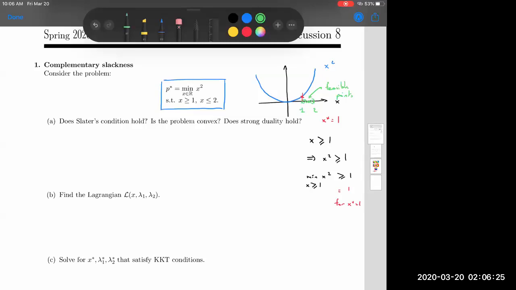This would be the way to show that the minimum of this problem is obtained for x star equal to 1 if you don't know anything about optimization.